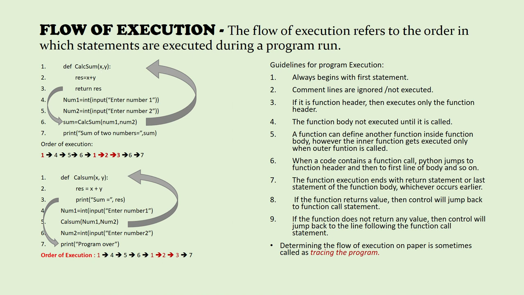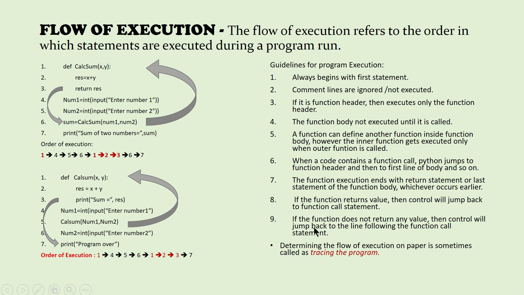That is the rule. When it starts the execution, it reads the first line, which starts with def, so it first executes the function header. After executing the first line, it will switch to the place where the top level statements begin.